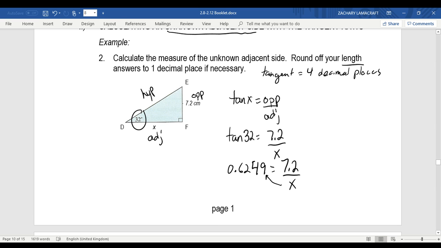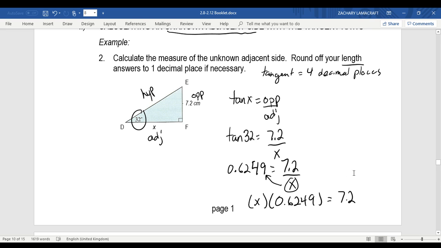So we're going to bring up that x to that side there, and it will be x times, remember brackets beside each other are multiplication, x times 0.6249 equals 7.2. We've brought up this x since it's division on that side. To bring it to the other, we have to make it multiplication.